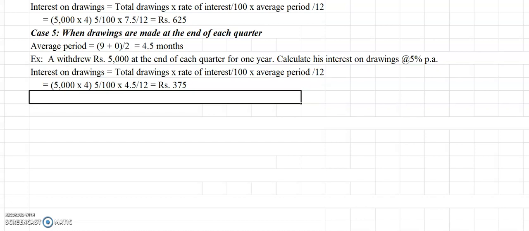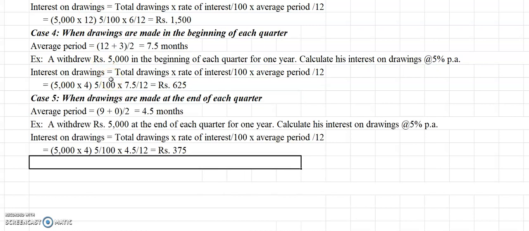Next, when drawings are made, at what time will it be made? Here, in the beginning of the quarter, end of the quarter, and the next one is in the middle of each quarter. So the average period. In the middle of each quarter means February 15th, if we take the calendar year.